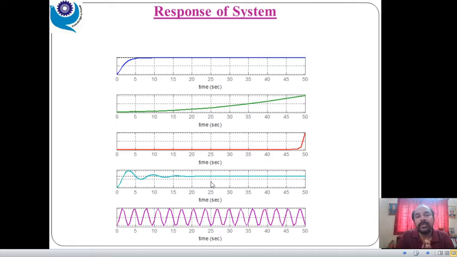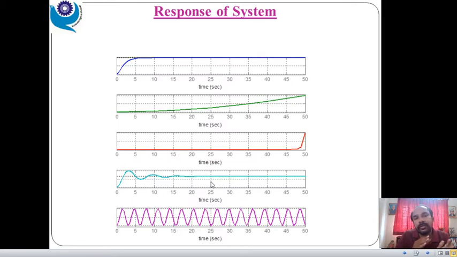If you give the input and the output is continuously increasing, that system is called unstable, right? And similarly, when we give the input and we get a bounded output in a particular range, that is a stable system.